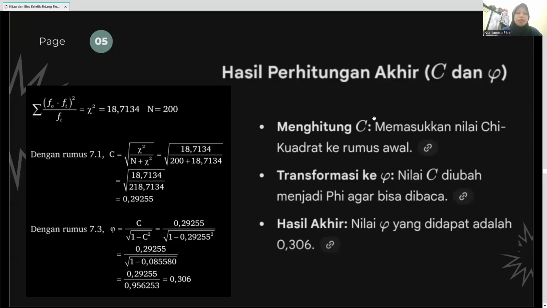But we don't stop there. In statistics, the C value alone is a bit tricky to interpret directly from a standard table. Therefore, we have to transform the C value into a P level, represented by the symbol P. We use the formula P equals C divided by the square root of 1 minus C, like in the example in the picture. After doing the math, our final calculated P value is 0.306. So we should keep the number in mind because this is the key to answering our entire research question.